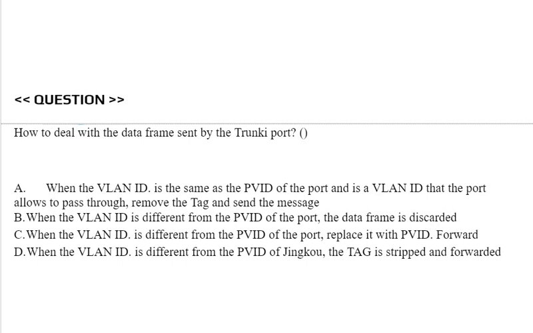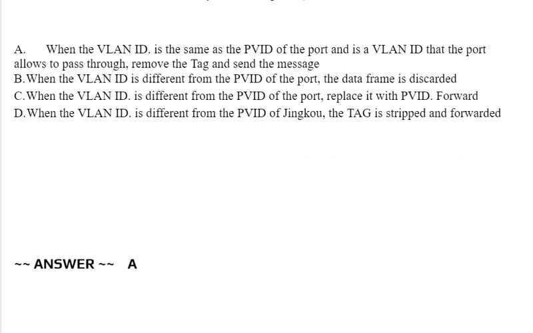Option C, when the VLAN ID is different from the PVID of the port, replace it with PVID and forward. Option D, when the VLAN ID is different from the PVID of the trunk port, the tag is stripped and forwarded. Correct answer is option A.